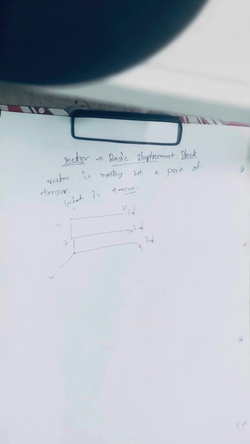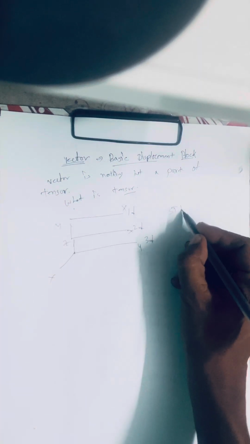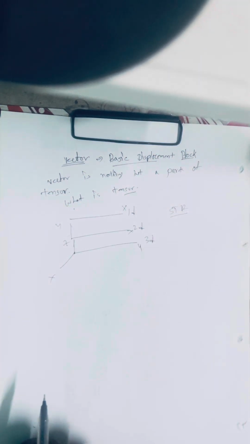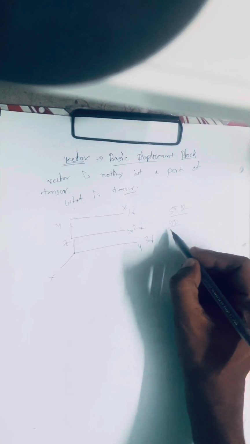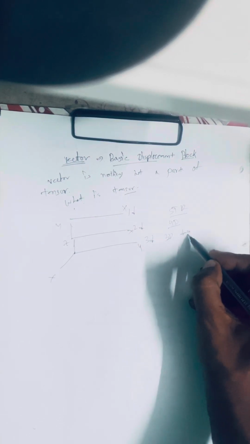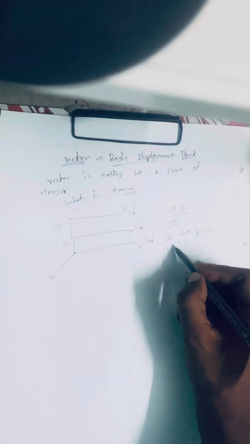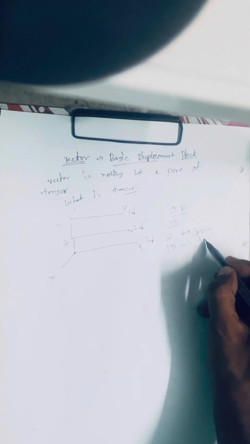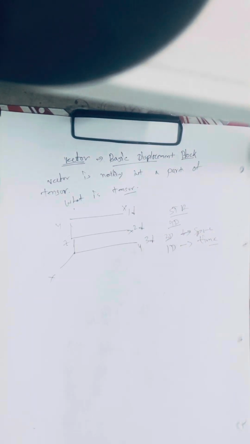We know basically 3 dimension of the space, and in STR, in special theory of relativity, there is a 4 dimension, 3 dimension for space, 1 dimension for time. This is for the STR.